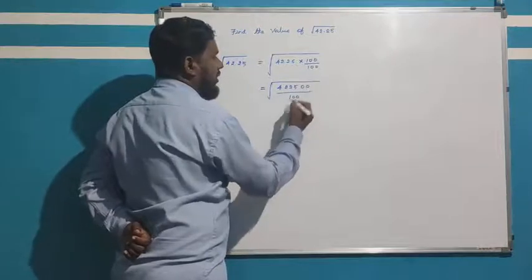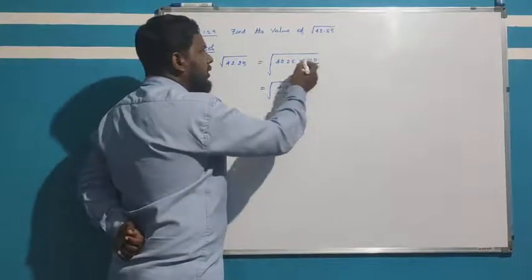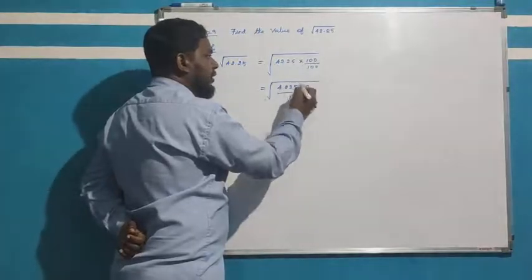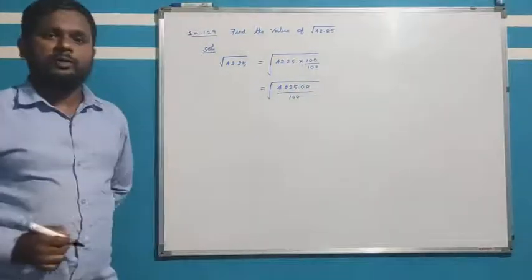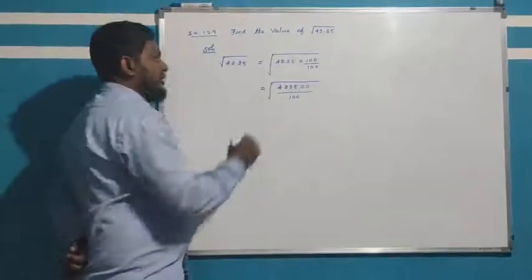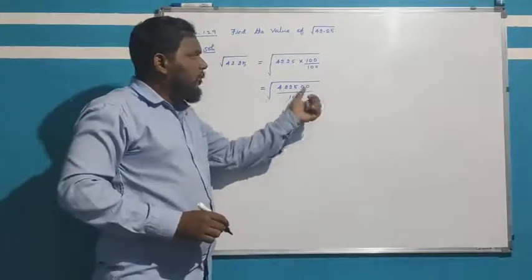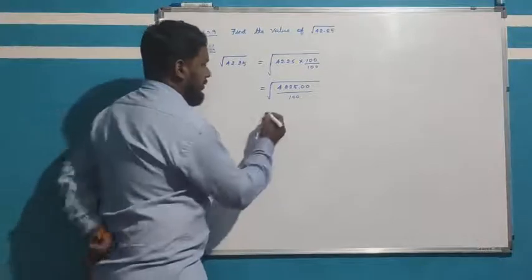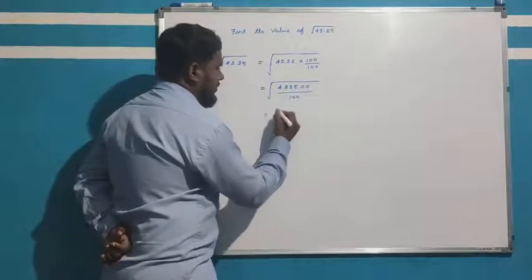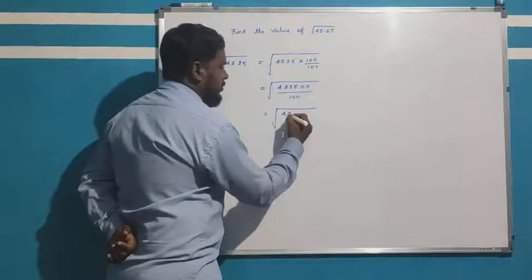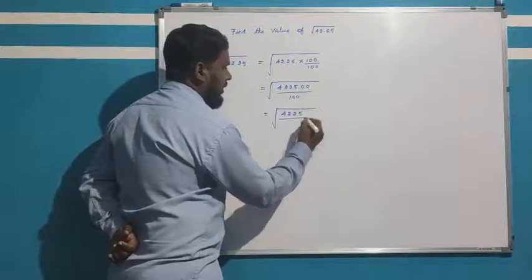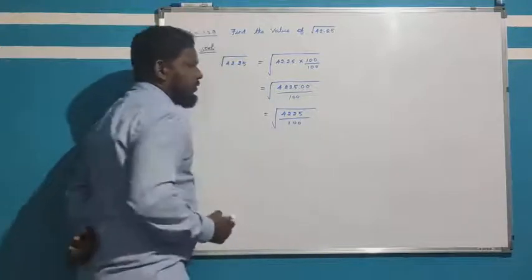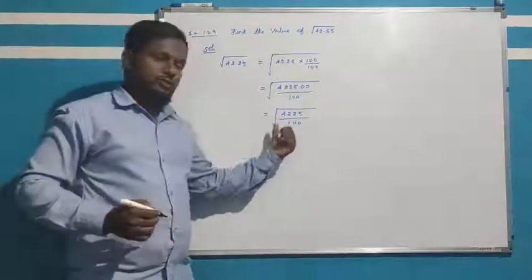In the numerator, 2 digits after the point means 0.00 has no value. So we consider 4225 by 100.